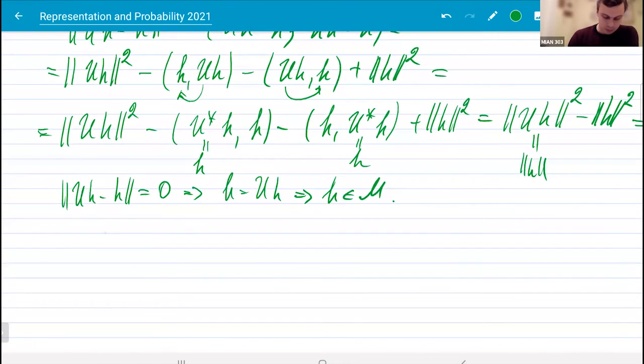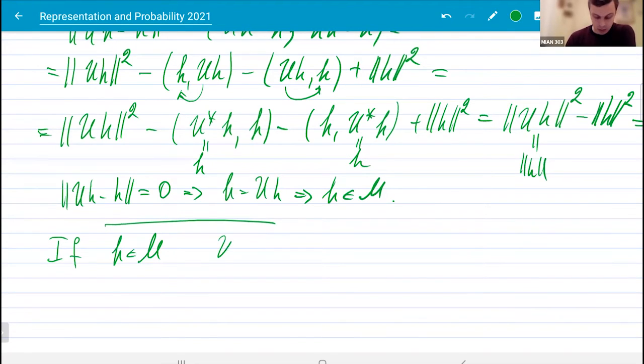So if H belongs to M, this means that UH equals H. And by the same argument, U star H equals H. The same argument, but for U star instead of U.